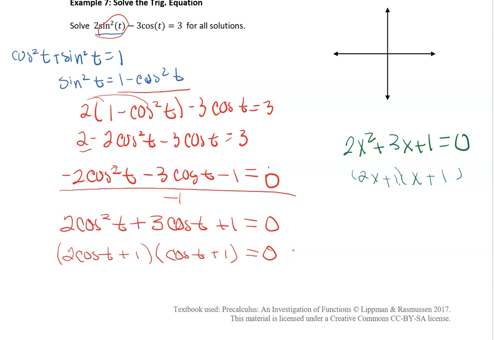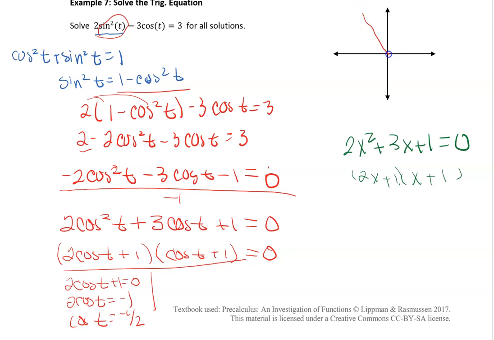So now we're back to our trig circle. So I'm going to solve this out. I'm going to say 2 cosine t plus 1 equals 0. Subtract 1, so that gives me 2 cosine t equal to negative 1. So cosine t is equal to negative 1/2. On my coordinate plane, I'm going to think about where is cosine t negative 1/2? It occurs up here and it occurs down here.